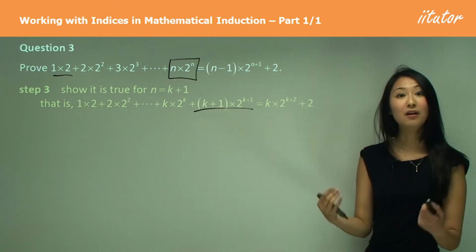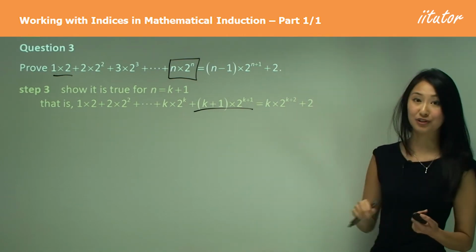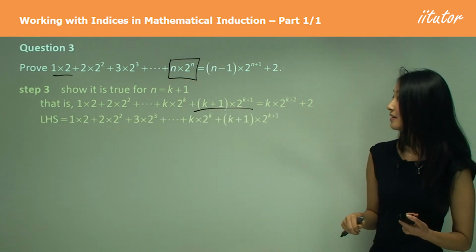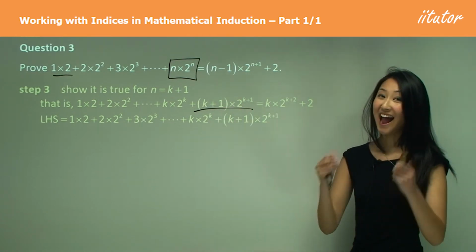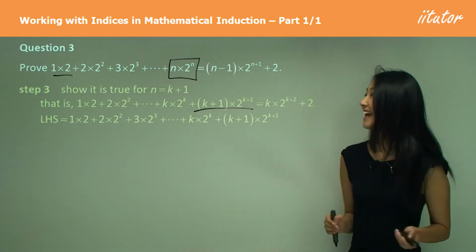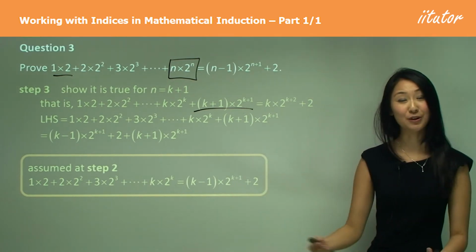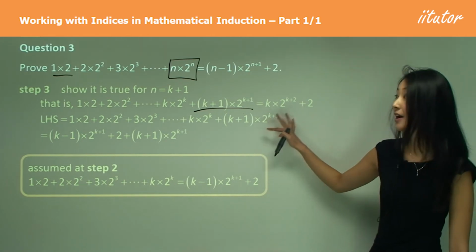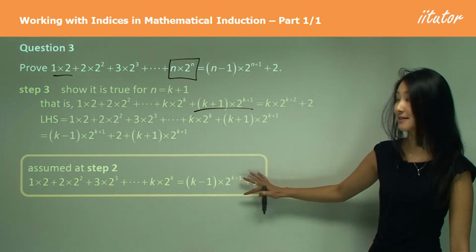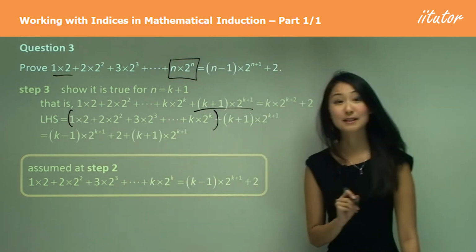And remember, what we're trying to do is show left-hand side equals the right-hand side. So keeping that in mind, we start with the left-hand side, which equals this. And the step we do now is we need to use the assumption that we made in step 2 and substitute it in. So let's identify which part of this left-hand side looks like the assumption. And that's going to be this part, isn't it?